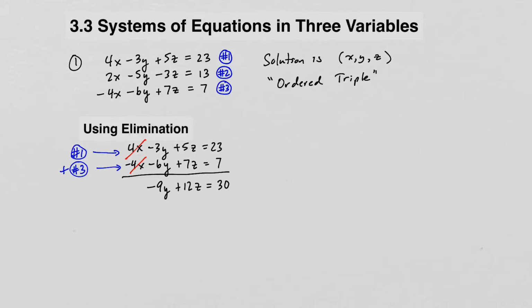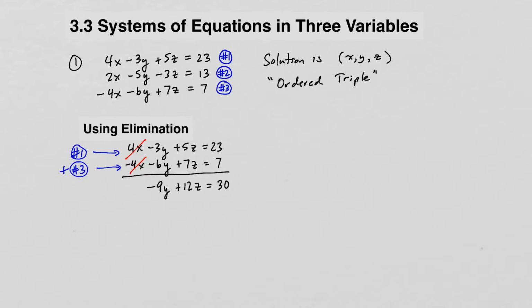All right, well, we can't solve an equation that has two variables unless we have two of those equations. So what I need to do is eliminate the x variable again using a different equation. So if we already used equations 1 and 3, the second time I eliminate the x variable, I must use equation number 2. Notice that we have a 2x here.